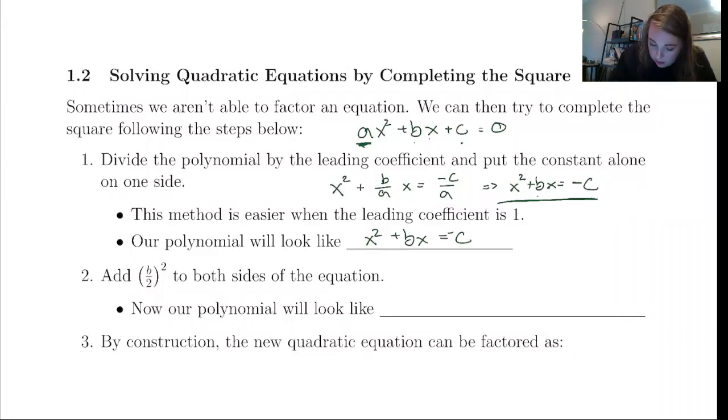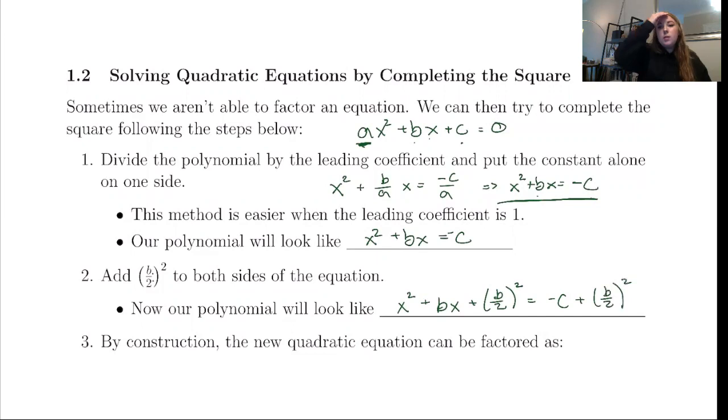So I'm going to add B divided by 2 squared to both sides of the equation. So now it'll look like X squared plus BX plus B over 2 squared equal to, and what we do to one side, we have to do the other, B over 2 squared.